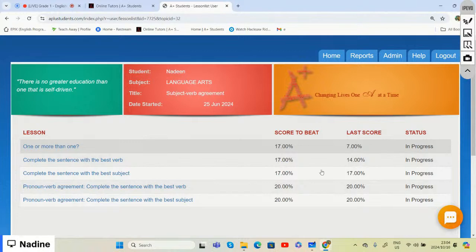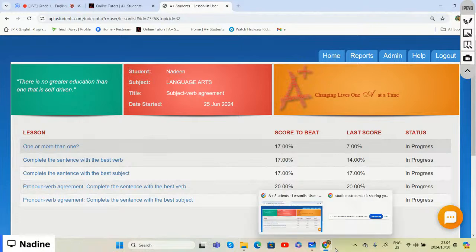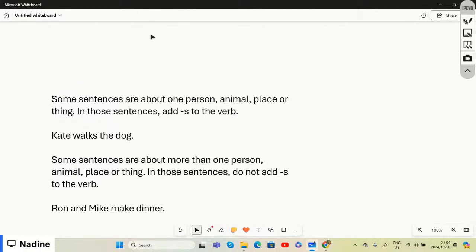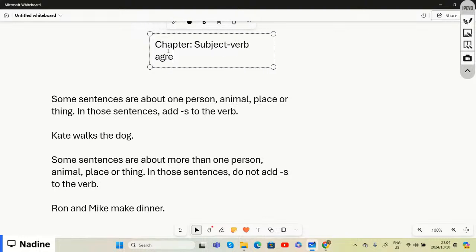All right. So when it comes to subject verb agreement, our chapter is subject verb agreement. Our subject is English language arts. We're doing grade 1.